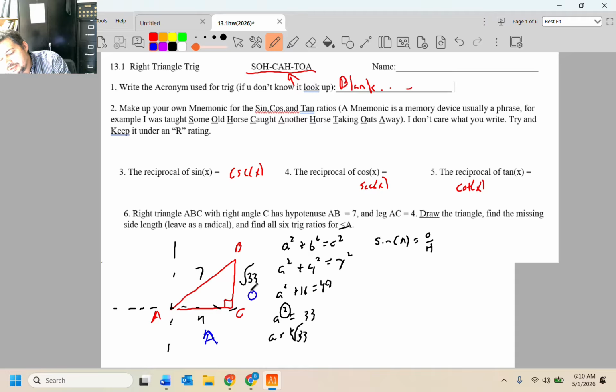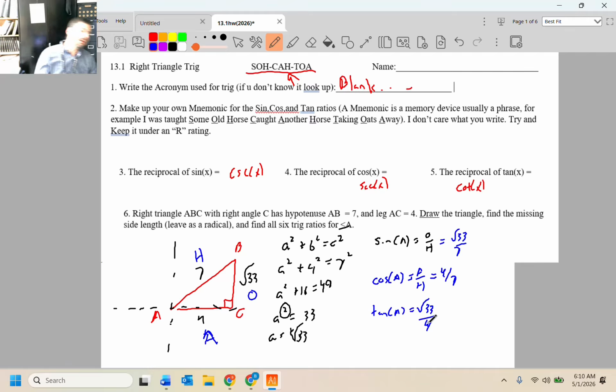The root 33 is the opposite side, and 7 is the hypotenuse because it is opposite the right angle. So we're going to get root 33 over 7. The cosine of angle A would be the adjacent length over the hypotenuse, adjacent being 4, hypotenuse being 7. The tangent of angle A would be opposite over adjacent, so root 33 over 4.